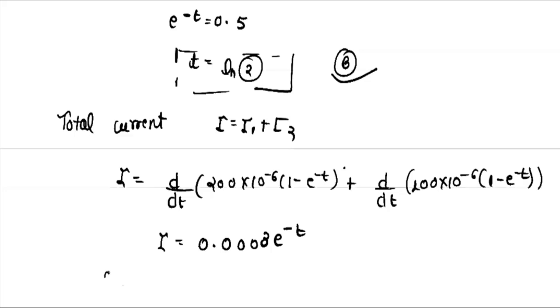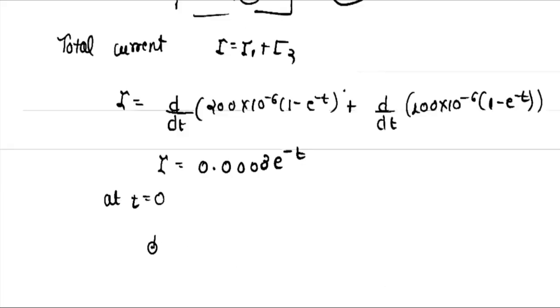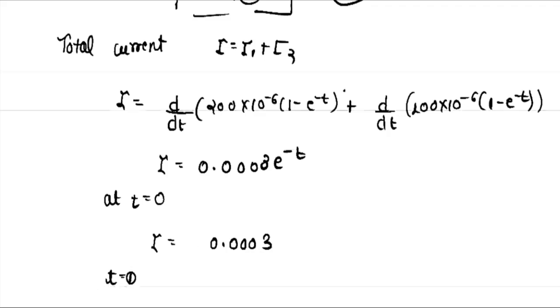At t equals 0, I is equal to 0.0003, and at t equals 1, I is equal to 0.0003 divided by e. So option C is correct.